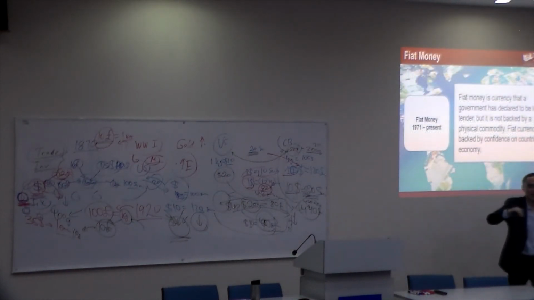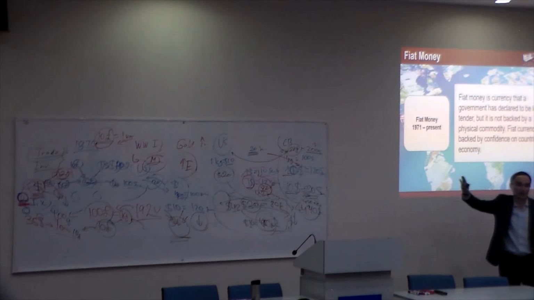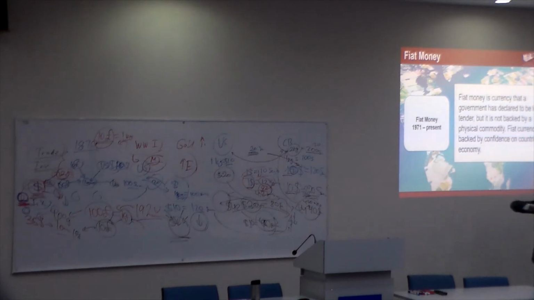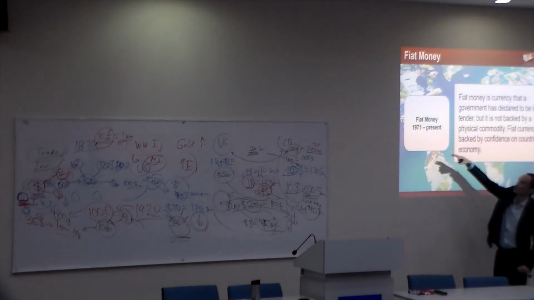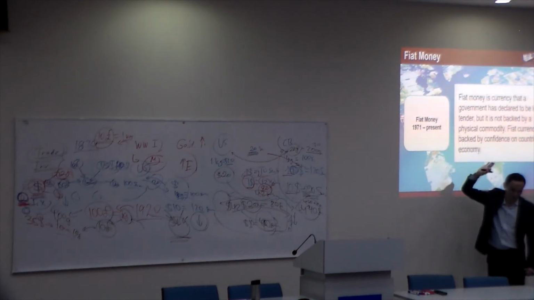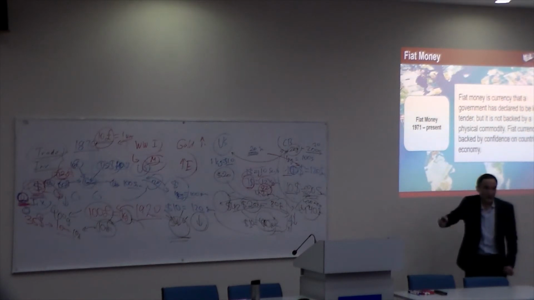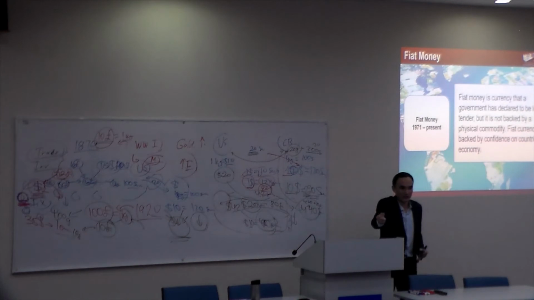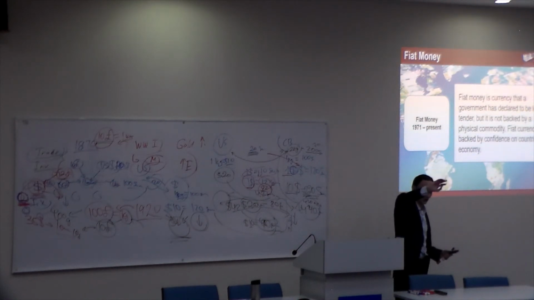So once that happened, after the collapse of the Bretton Woods Agreement and that fixed exchange rate system, all countries moved to fiat money. And after that point, all currency was trusted based on the country's economy.